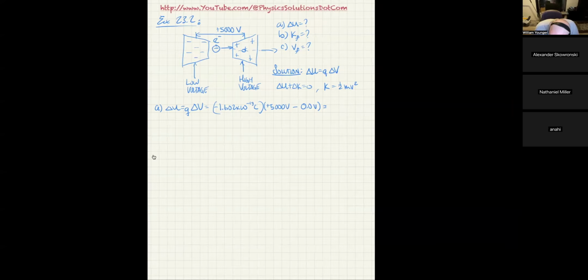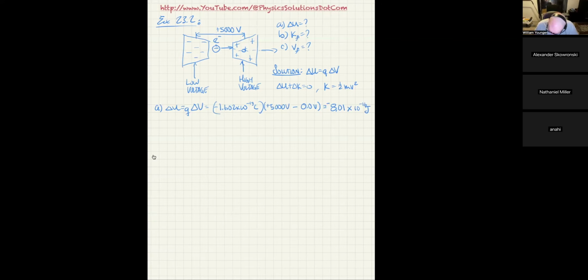And that gives me negative 8.01. And really, remember, this 5,000, according to your author, is an ambiguous amount of significant figures. So I'll just assume that we can count on three. So that's going to be 8.01 times 10 to the negative 16 joules is the energy. Okay.